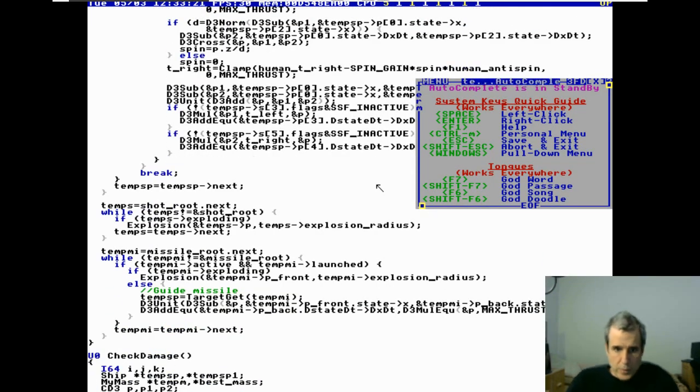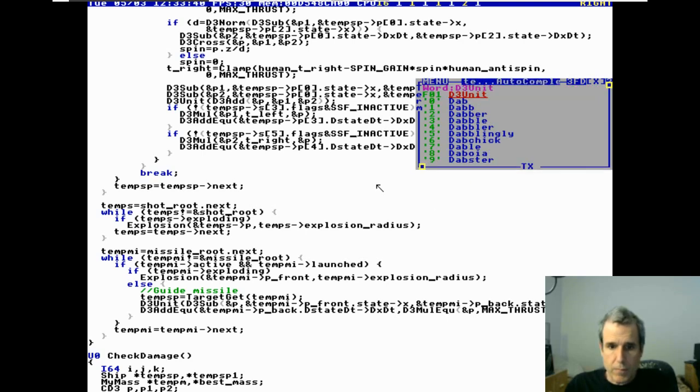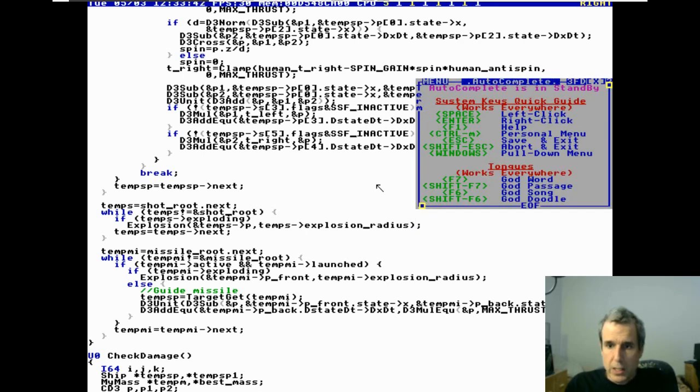Now let's set the thrust angle. So there's the front to back. Let's see, how do we want to do this?